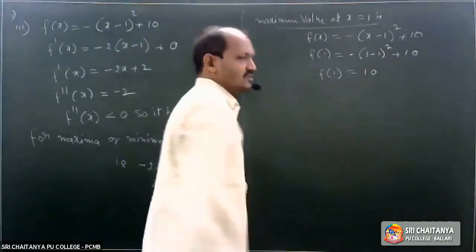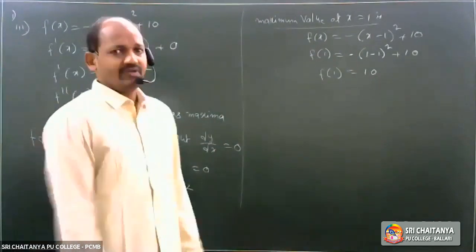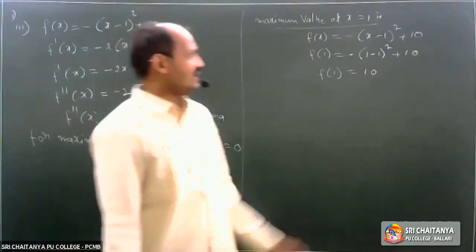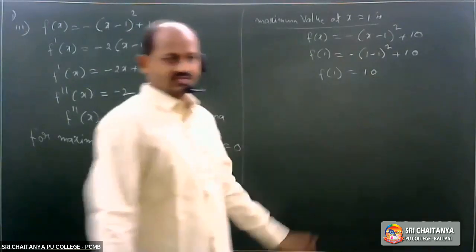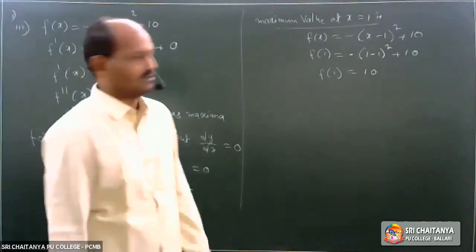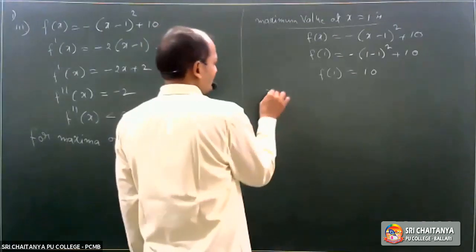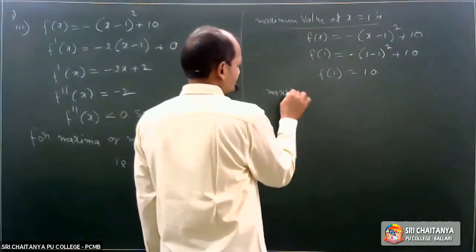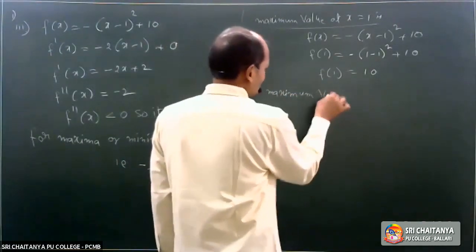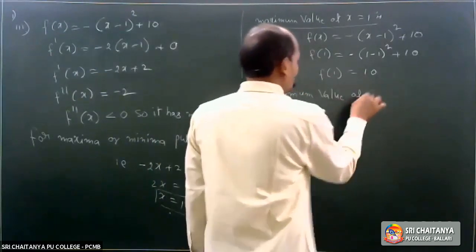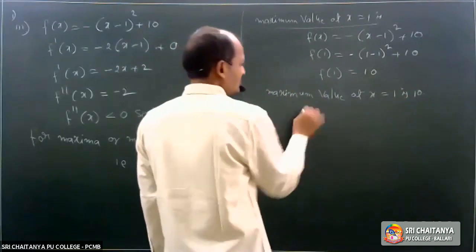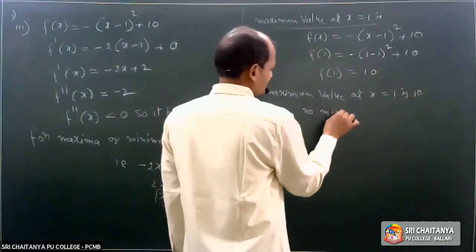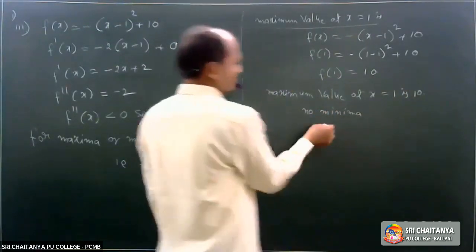So this function has a maximum value at x equal to 1, which is 10. In this function, there is no minima. So the maximum value at x equal to 1 is 10 and no minima.